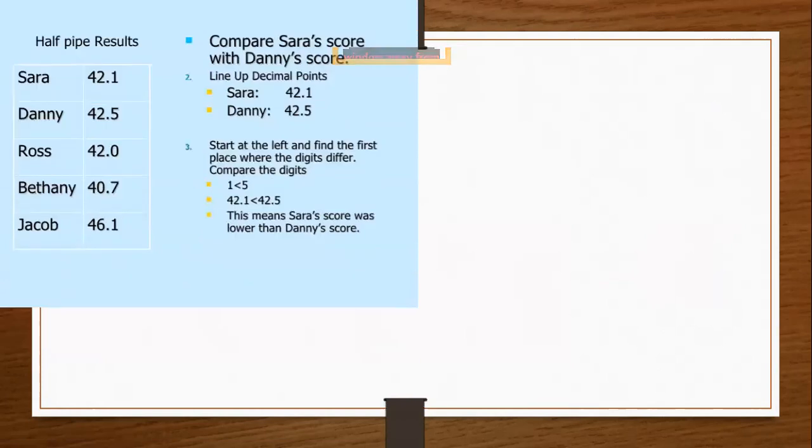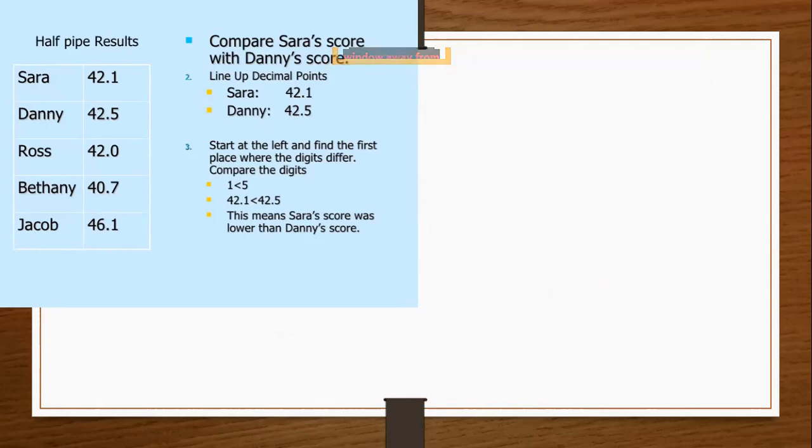Let's have an example. We have here a table of some students' scores. I just want to compare Sarah's score and Danny's score. 42.1 is Sarah's score and Danny's score is 42.5. To compare the two numbers, let's line them up. So 42.1 and 42.5, I line them up such that the two decimal points are exactly above each other.